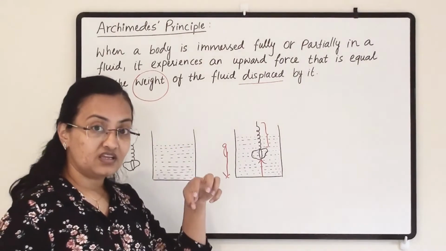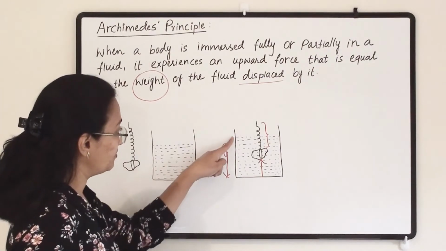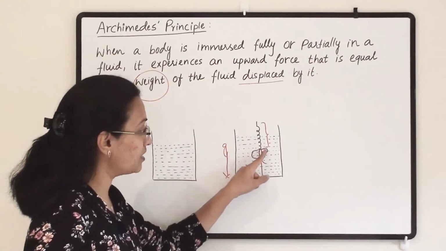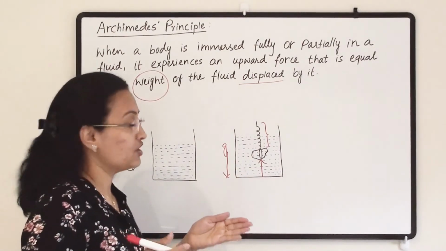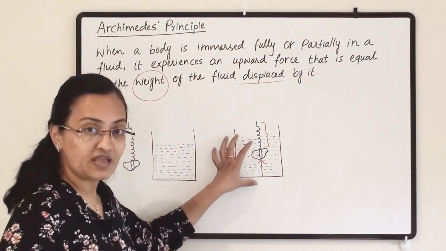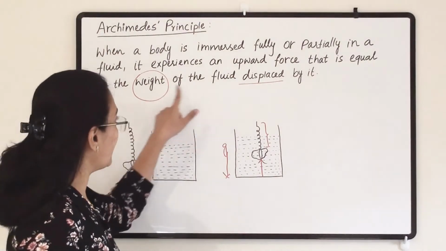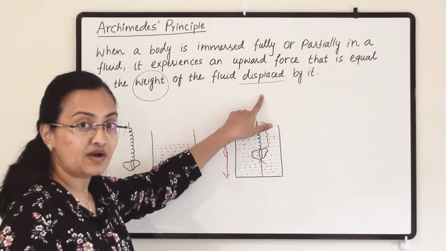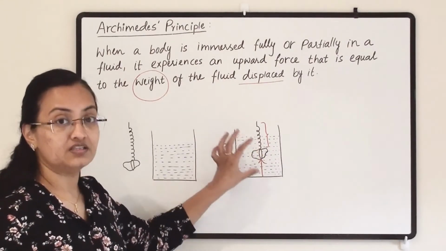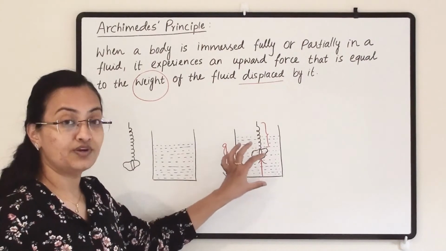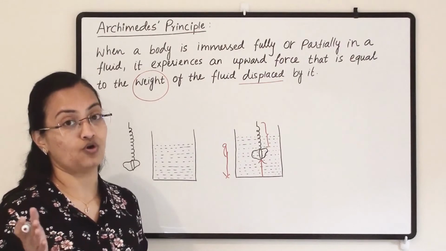Whenever we are dipping something inside, here you can see that the surface of the water has come up, because that much volume has been covered by the stone and that much water has been displaced by the stone. So how much upthrust force will be applicable to the stone? The weight of the fluid that the stone has displaced will be equal to the upthrust force of the water.